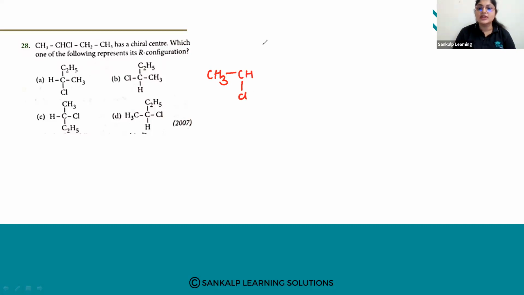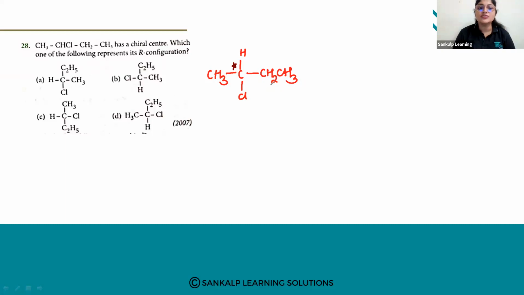Chiral center means that the four atoms attached to the specific carbon are all different. Is this carbon a chiral center? Yes, because the four groups attached to this carbon are different. Now what we have to write?